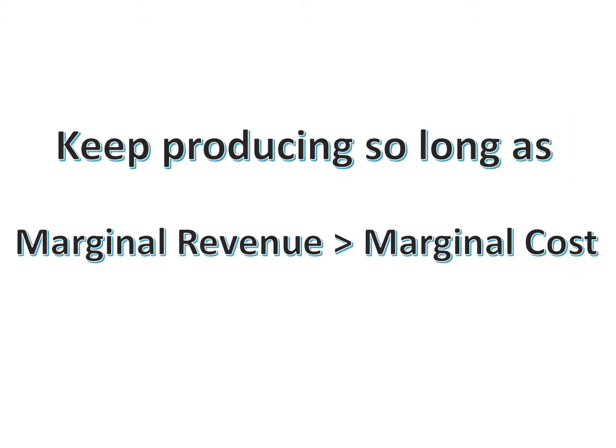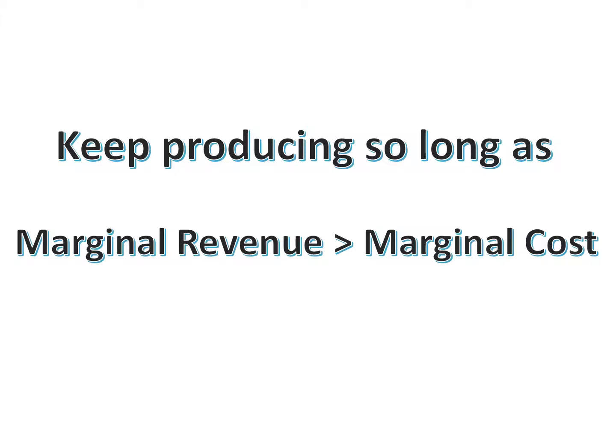So how much does a monopolist want to produce? Well, every time you make a new good, you get the good's marginal revenue, which could be positive or negative. But every time you make a new good, you have to pay that good's marginal cost. So as long as marginal revenue is greater than marginal cost, you want to keep making goods. Whenever marginal revenue is less than or equal to marginal cost, you want to stop making goods.